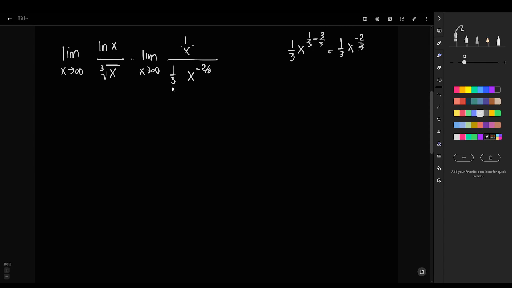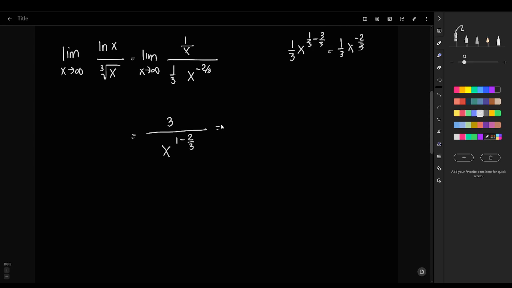Okay, so how can you simplify this? You could combine the value of x here, so we have a common value. This is equivalent to 3 all over x to the 1 minus 2/3.